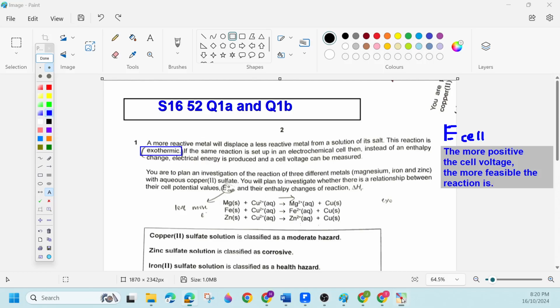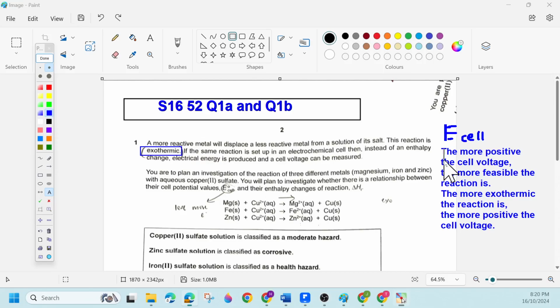Now, we can link this to that statement. If instead of enthalpy change, electrical energy is produced, therefore we can say that the more exothermic the reaction is, the more positive the cell voltage.